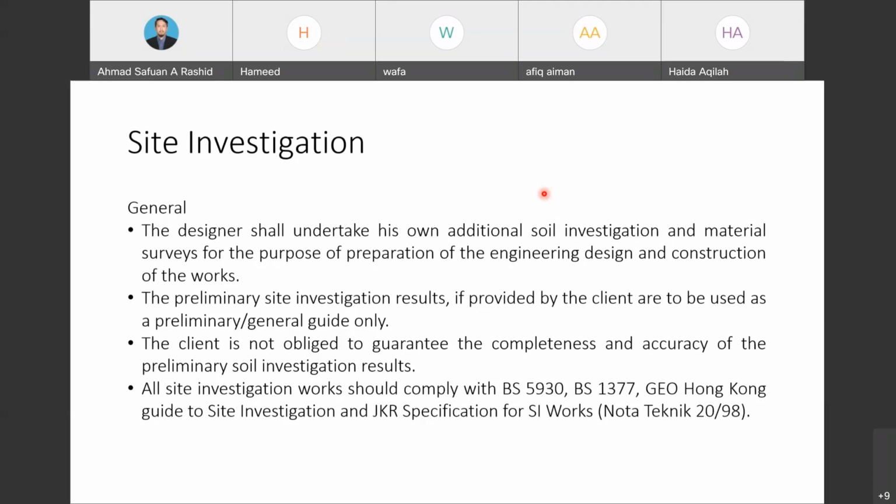Okay, so in that case, for my opinion, the client should provide an additional cost if it has been requested by the designer. Okay, so we cannot make any assumption easily unless, okay, if we have a budget to carry out further site investigation work.